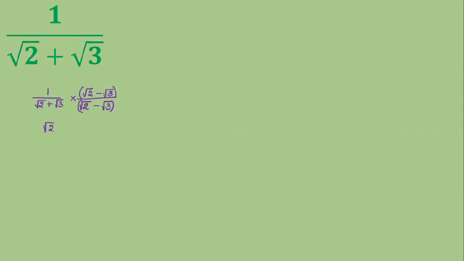One by root 2 plus root 3, into root 2 minus root 3 by root 2 minus root 3. 1 into root 2 is root 2, 1 into root 3 is root 3. So root 2 minus root 3, divided by, multiply the denominators, root 2 plus root 3 into root 2 minus root 3.